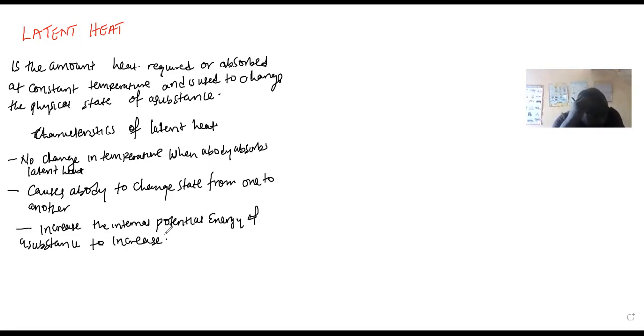And by so doing, we shall have this crystalline structure of the solids changed from the structure it was before to a new structure. Perhaps it can be a liquid structure. For example, ice. You heat up ice, then it converts to water. The temperature at which ice converts to water is the same temperature at which water converts to ice. Okay? So it is from here that we can talk about the different types of latent heat.